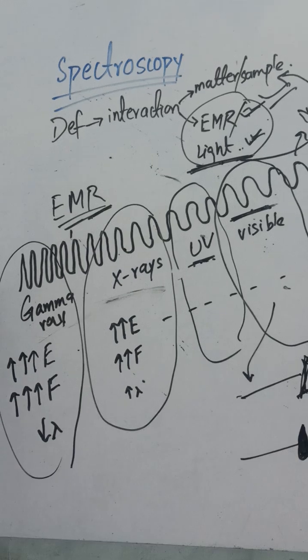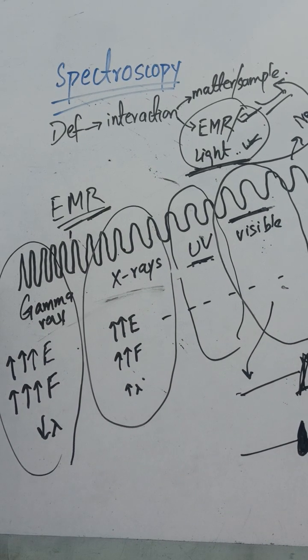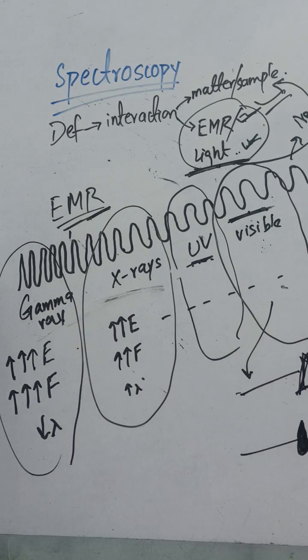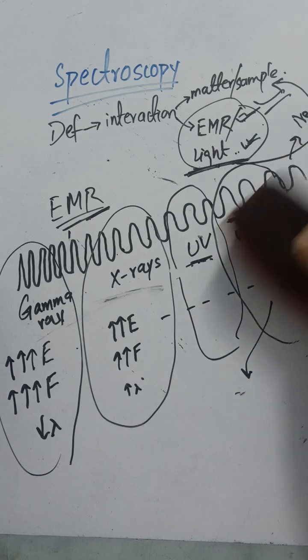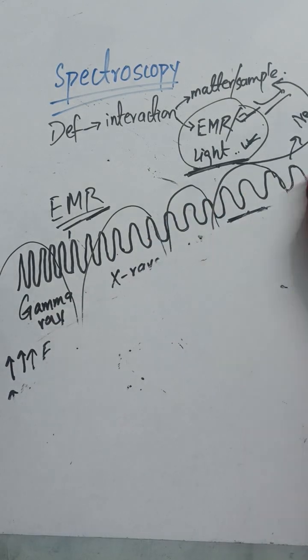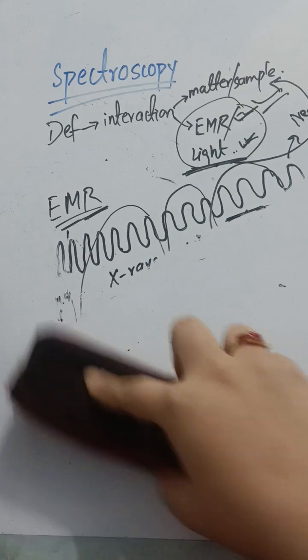I have tried my level best to make it easy for you and understandable, because a lot of students cannot understand why they are explaining UV, what is IR, what is visible. So I have tried my level best to make it easy for you and easy to remember, because a lot of students think that the concept of spectroscopy is very difficult and they cannot understand it.